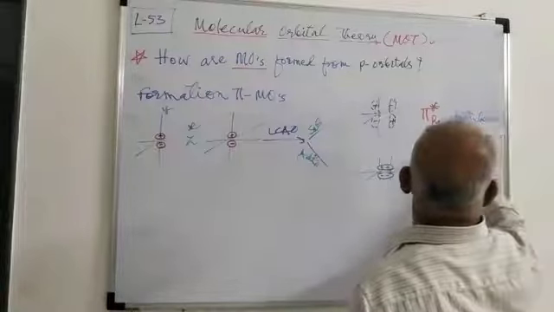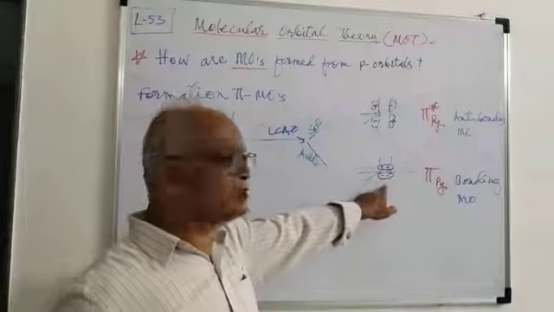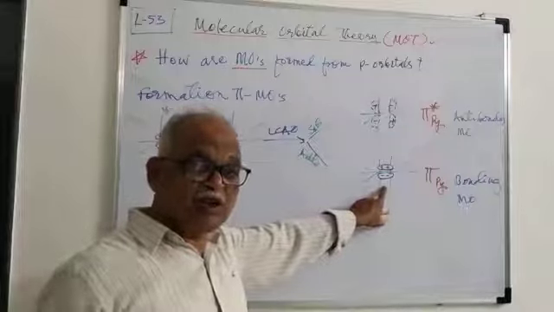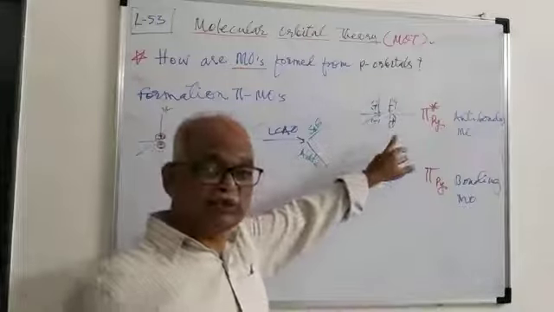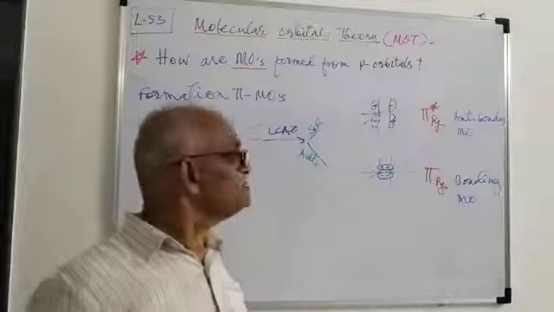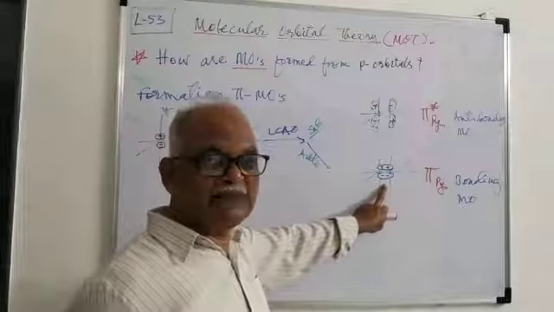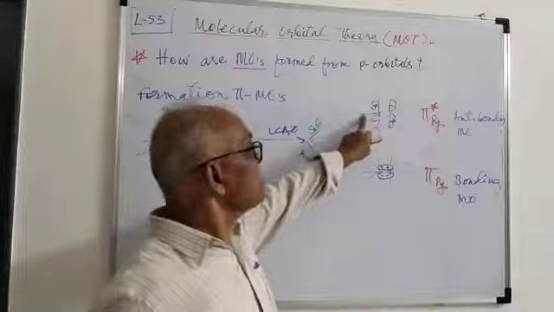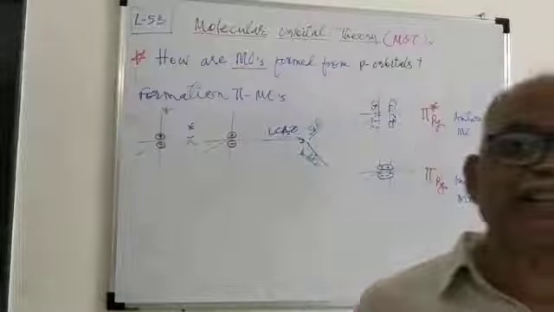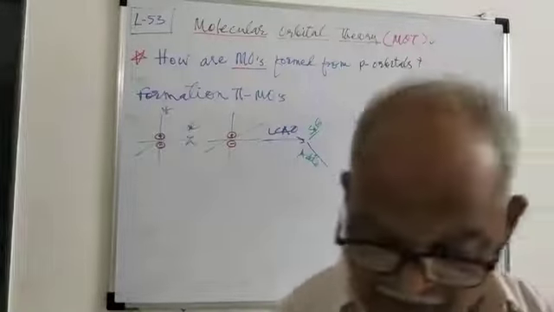Every electron added into such a bonding molecular orbital will increase the strength of the bond, and every electron that goes into this antibonding molecular orbital will decrease the strength of the bond. So the bonding effect is created by the bonding molecular orbital if it contains any electron, while the antibonding molecular orbital creates an antibonding effect, that is, the bonding effect is cancelled by the electron present in it.